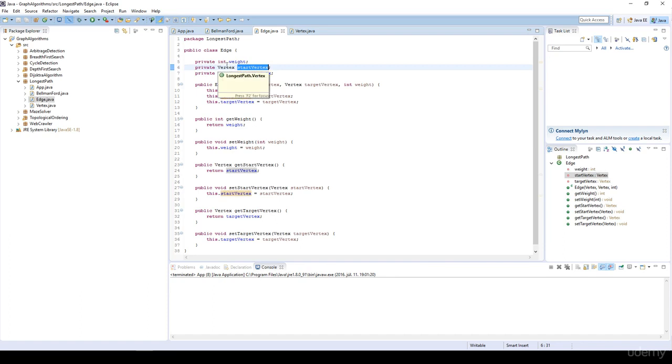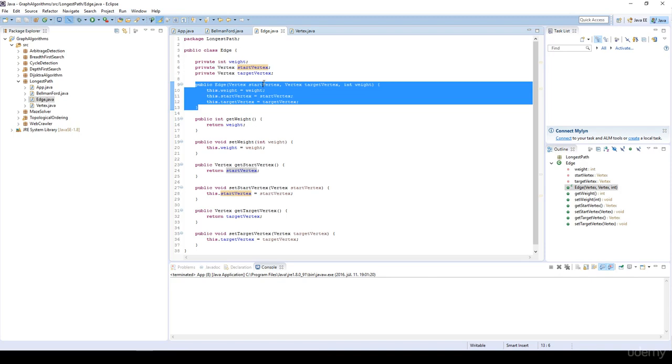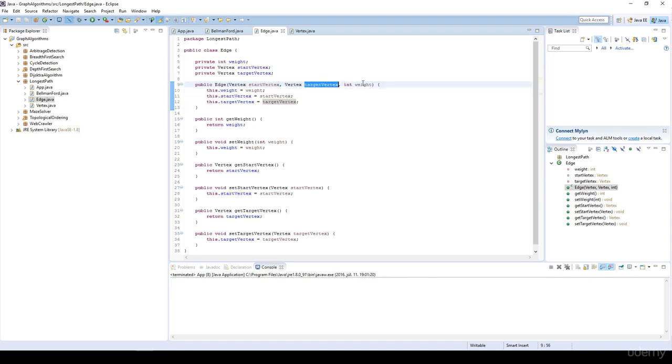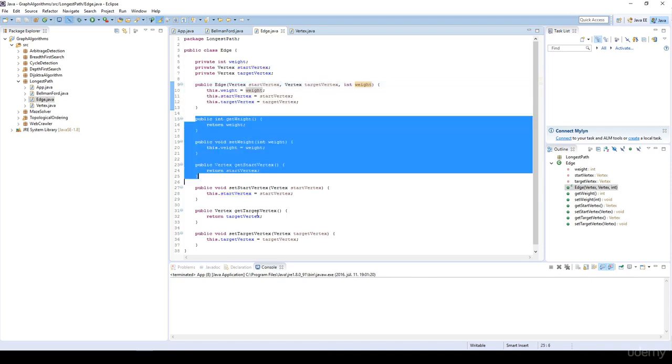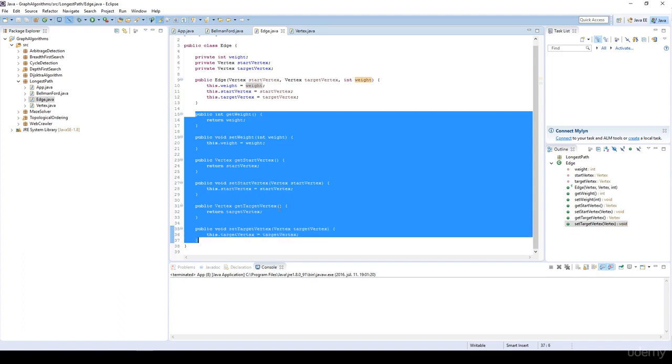Sometimes we need the start vertex, sometimes we do not, but anyways, it's going to be here. If it's bothering you, then you can remove it, whatever. Of course, we have the constructor with the start vertex, target vertex, and the weight. And we have the getters and the setters as usual.